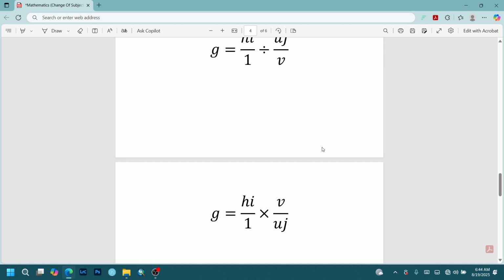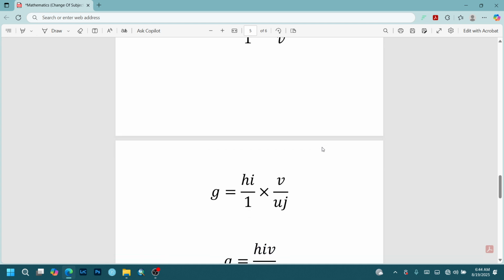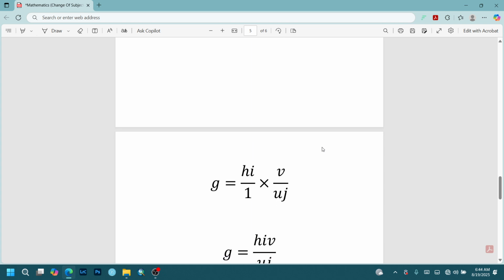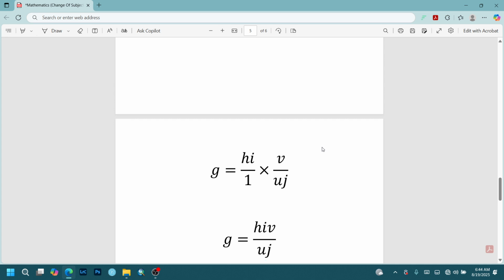And as I explained earlier on, when you are doing multiplication for fractions, the numerators multiply the numerators, the denominators multiply the denominators. So we have HI, which is a numerator, multiplying V, which is also a numerator. So H multiplying V will give us HIV, right? And 1 multiplying UJ will give us the same UJ, right?